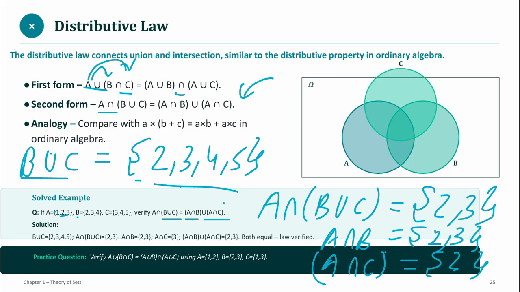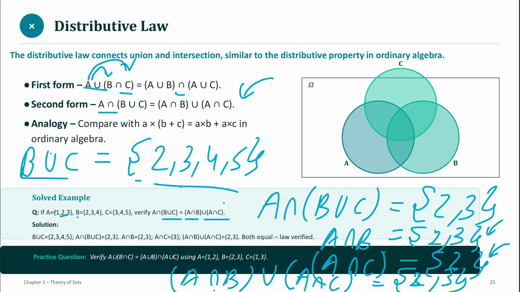Now when I'm doing (A intersection B) union (A intersection C), what am I getting? 2 and 3, and 3 here. So we are going to get 2 and 3, which is the same as this, right? So hence we have proved the distributive law. You could practice this question, okay?